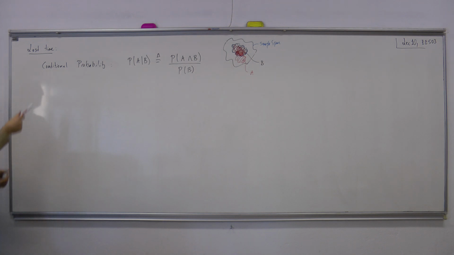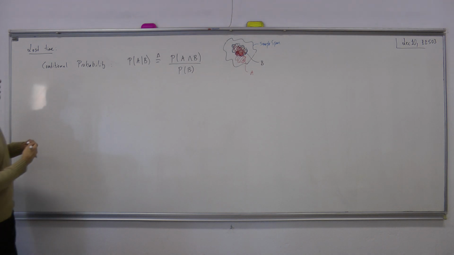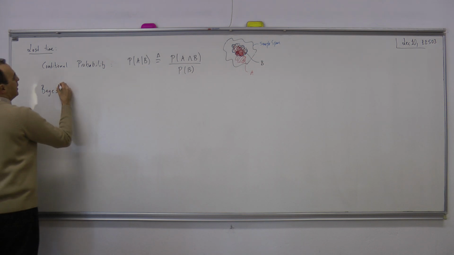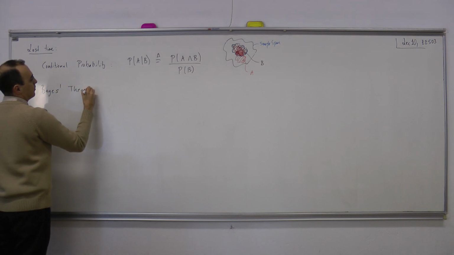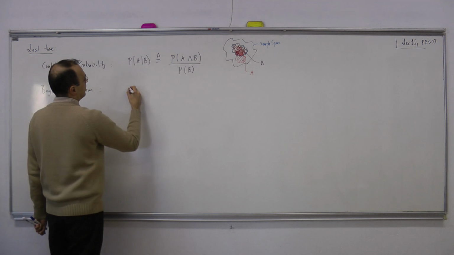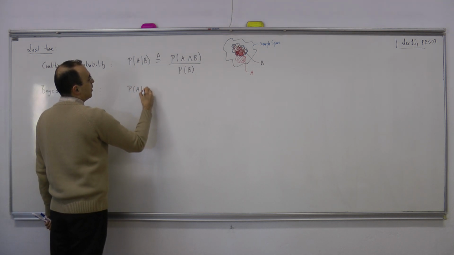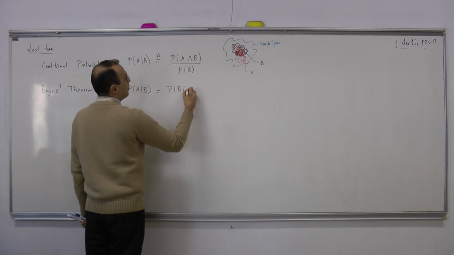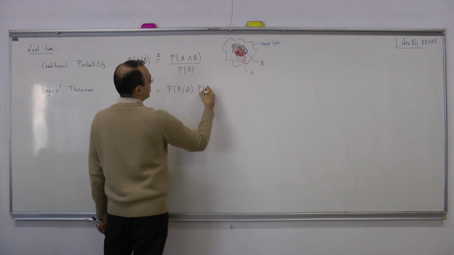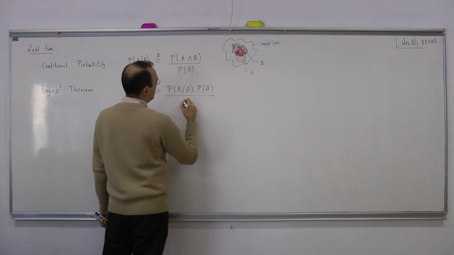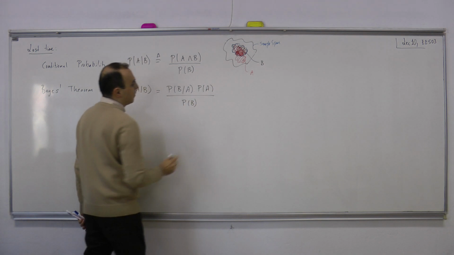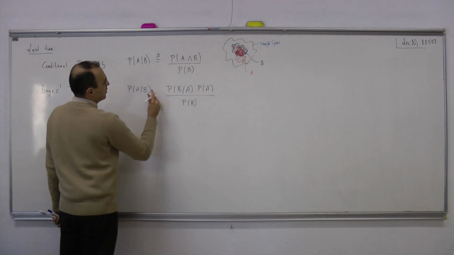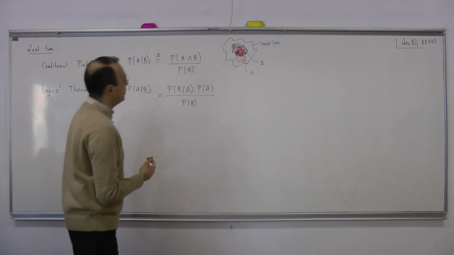This is the definition of conditional probability, and as soon as I have that, I have Bayes' theorem, which is probability of A given B equals probability of B given A times probability of A divided by probability of B. This is immediately resulting from this definition.